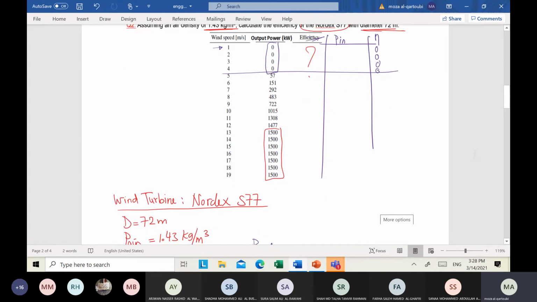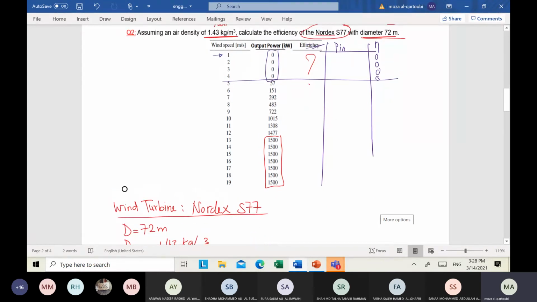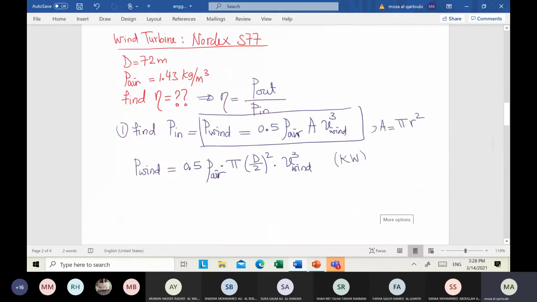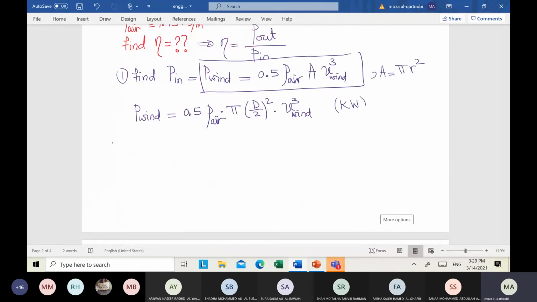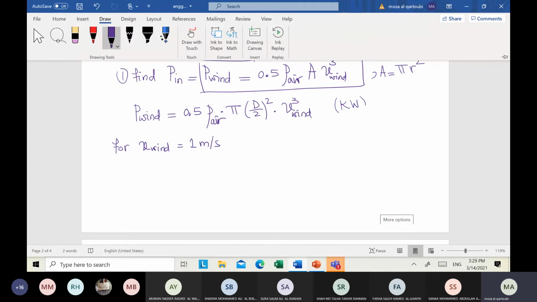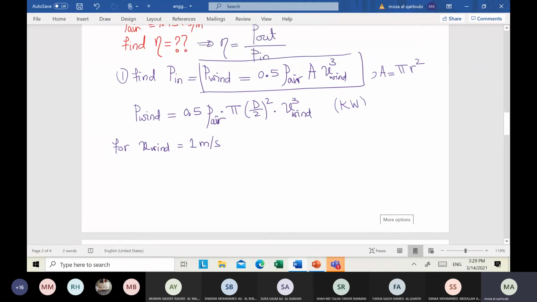So we'll start and choose the first value. When the speed equals 1, we find the first value. We apply V of wind equal to 1 meter per second. So we need to find P in, or P wind, the same thing.